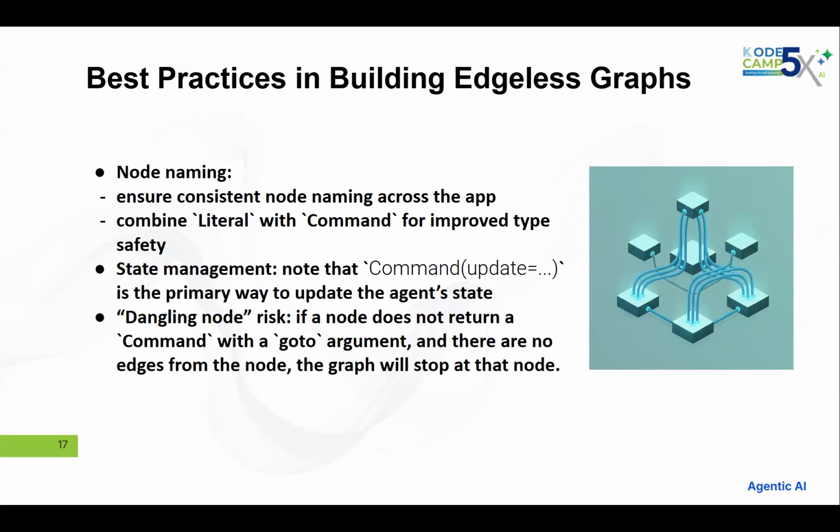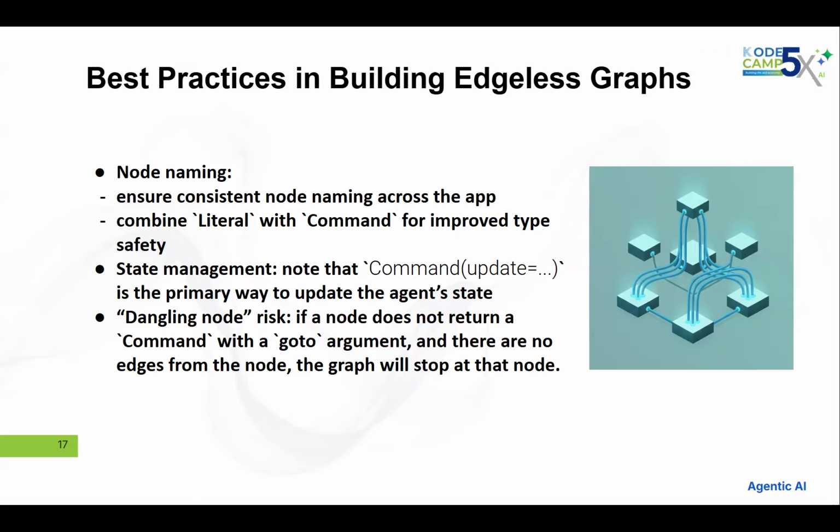If there is a possible output string of the routing function that does not correspond to a key in the path map, it means that whenever the routing function returns that specific string, the graph will not know what node that corresponds to. So you have a dangling node.